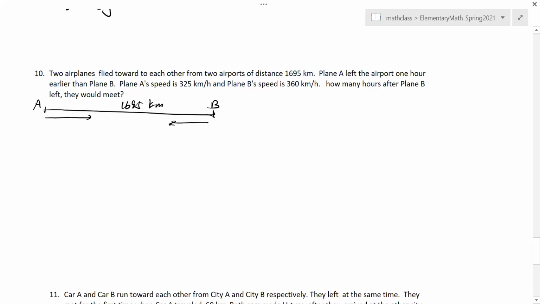Can you solve this? I'll give you 1 minute to think about it. So A left earlier.